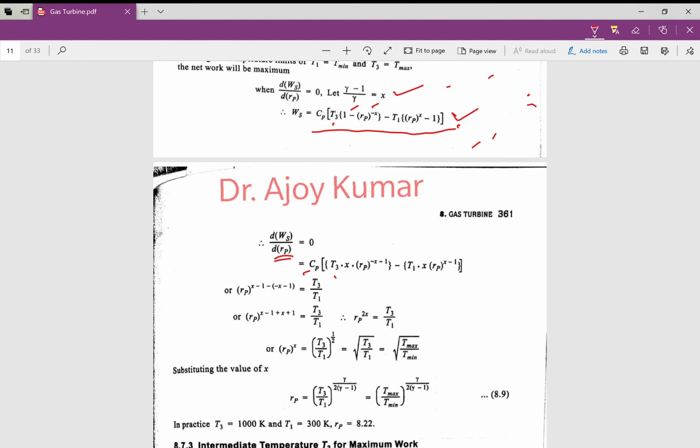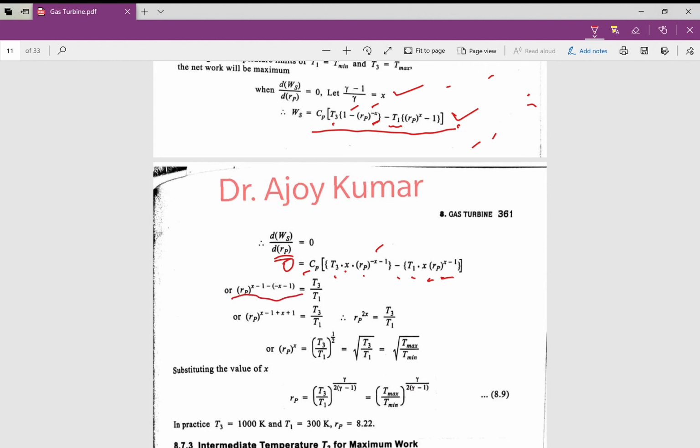So it is minus minus plus, and then Rp to the power minus x minus 1, and then for this one T1, x, and then Rp to the power x minus 1. So in this way we can get this equal to 0.